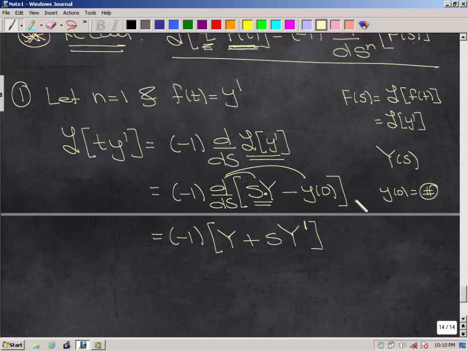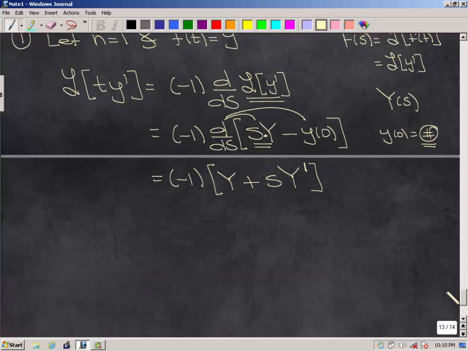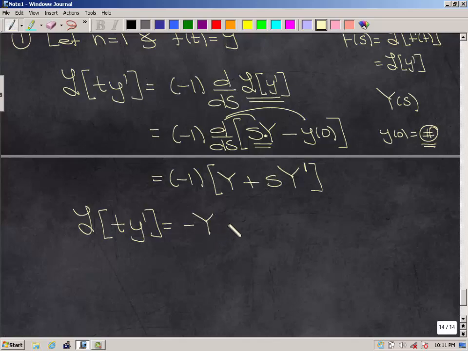And then remember, y of 0 is just going to be 0 since it's a number. When you take the derivative of a number, we just get 0. So that's what we end up with. So if you distribute the negative, that gives us a new Laplace transform. The Laplace transform of t times y prime is negative big Y minus s times Y prime.